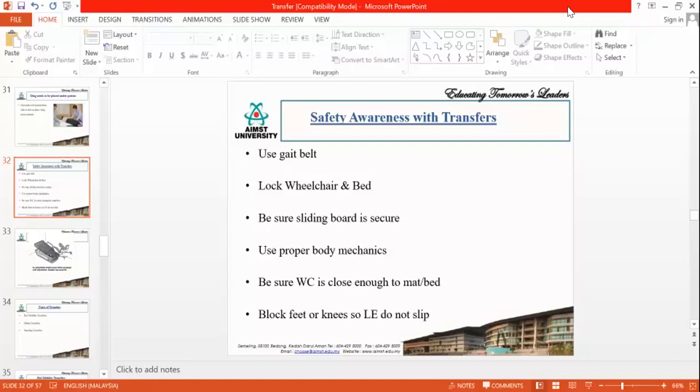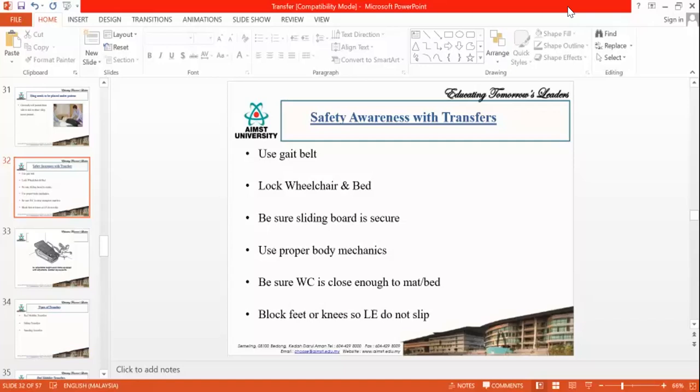Then in case you are teaching them to use a sliding board, the sliding board needs to be secured properly at both ends. One end will be kept on the bed, another end on another area. So both ends have to be kept properly and secured.